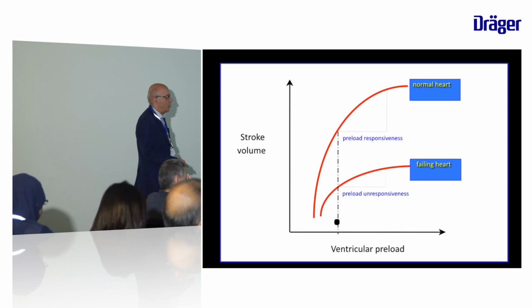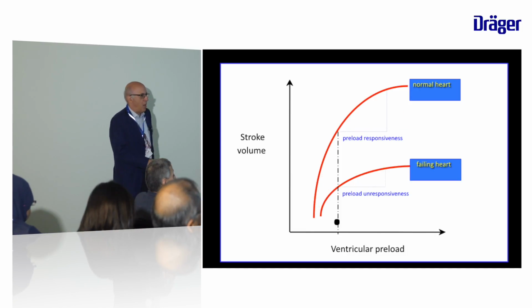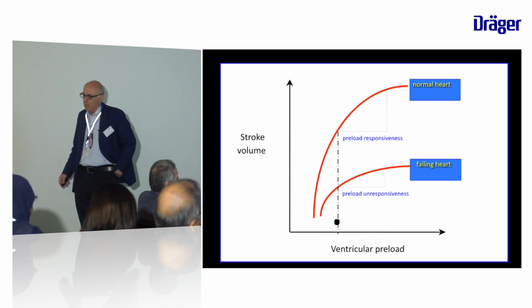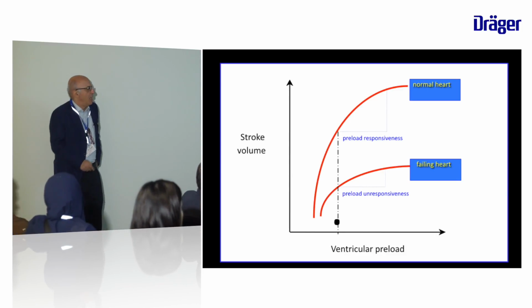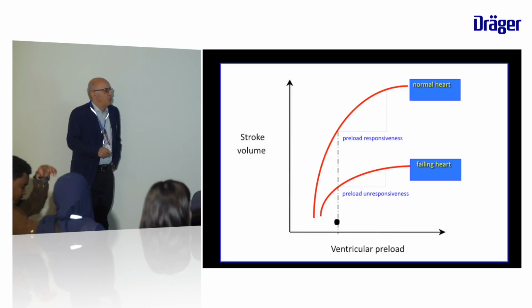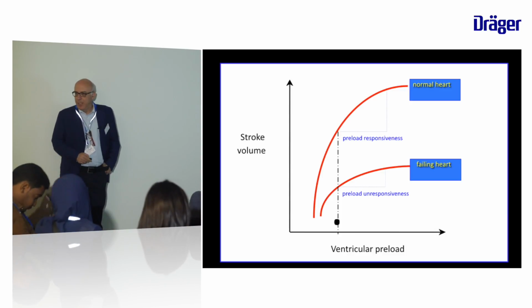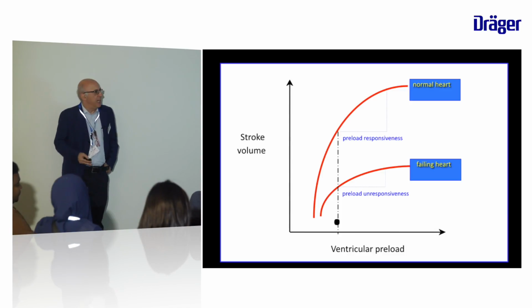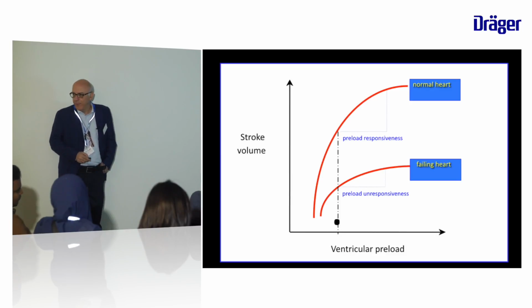If you consider just one number of ventricular preload, you can be in two different conditions if you are changing the stroke volume ventricular preload curve in a normal or failing heart.